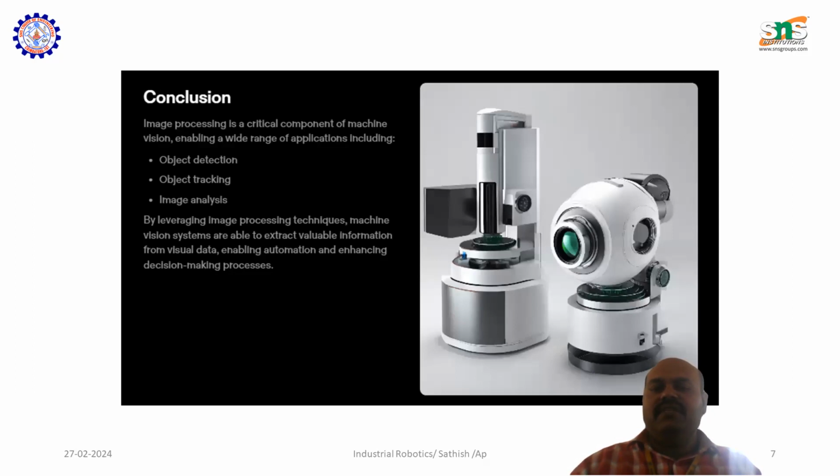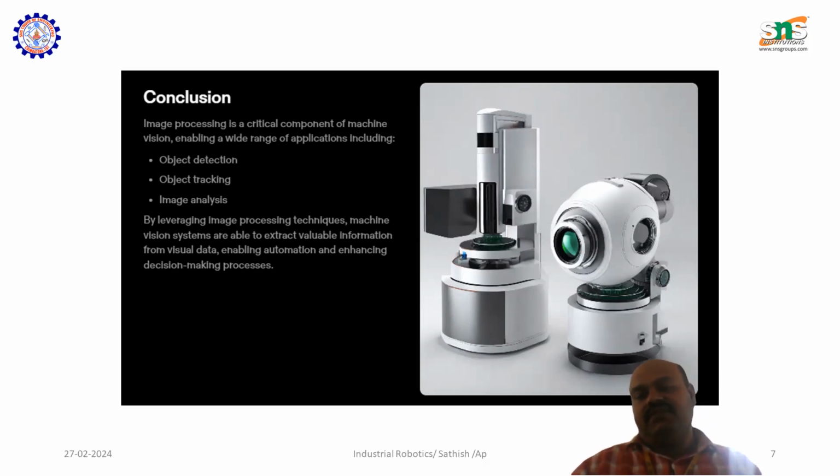Coming to the conclusion of the previous lecture and this lecture. Image processing is a critical component of machine vision, enabling a wide range of applications, including object detection, object tracking, and image analysis. By leveraging image processing techniques, machine vision systems are able to extract valuable information from visual data, enabling automation and enhancing the decision-making process.